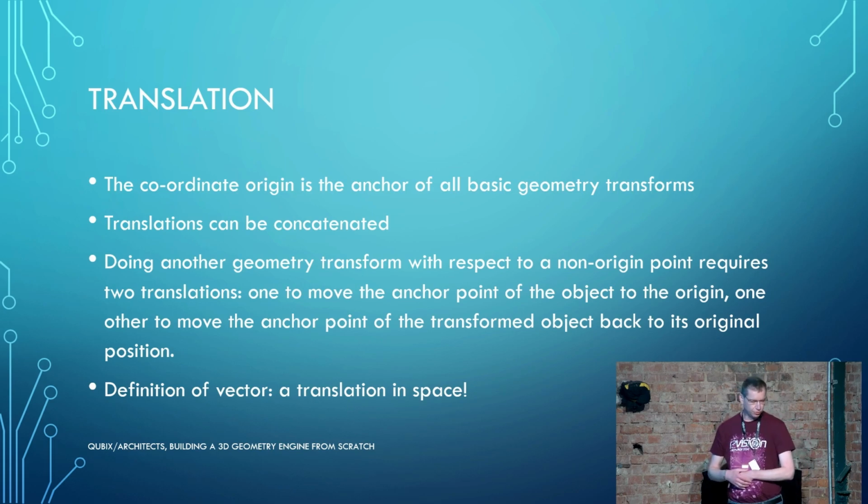And if you do any of those transforms on a point other than the origin, you have to do 2 translations. And that's actually also the definition of a vector. A vector is a translation in space, and not that thing that looks like an arrow. That's only something that represents a vector.